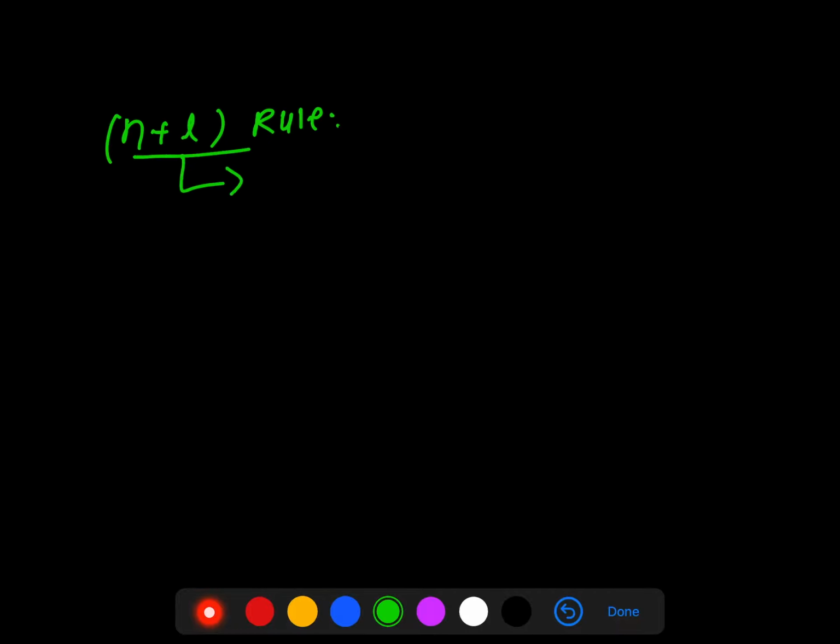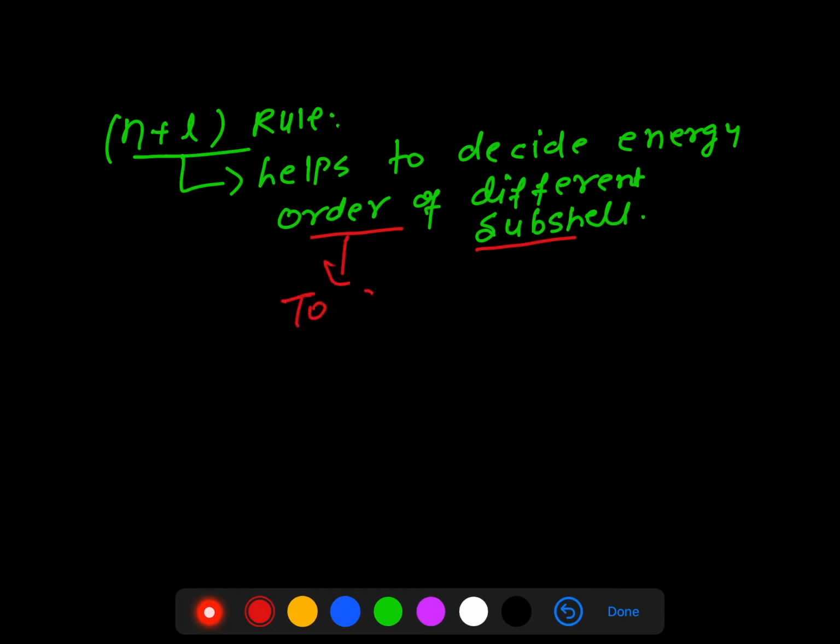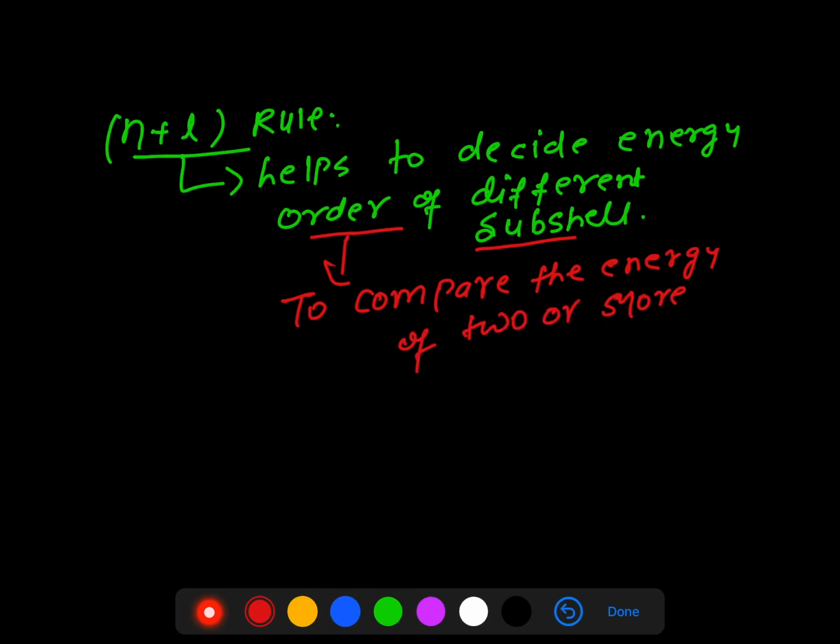The n plus l rule helps to decide the energy order of different subshells, or simply to compare the energies of two or more subshells. Right. Now let's try to understand what is this n plus l rule.